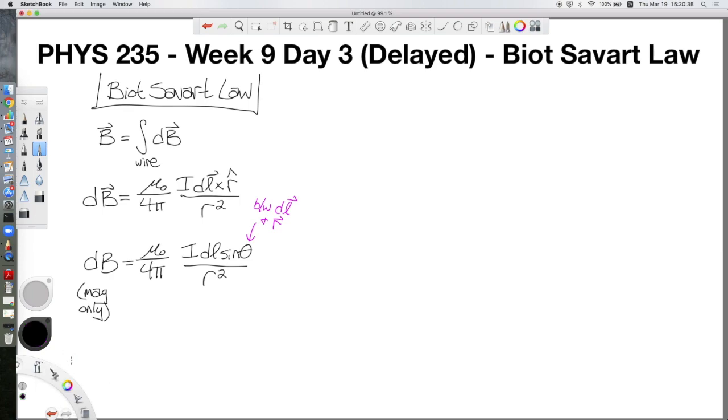And then we have the formulas we derived from the Biot-Savart law.